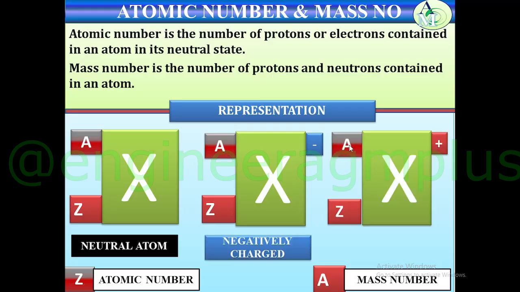Case 3, for a positively charged atom, we also have the mass number written up while the atomic number is written down. How do you find the atomic number and the mass number of these atoms in these cases? Neutral atom, negatively charged, and positively charged.